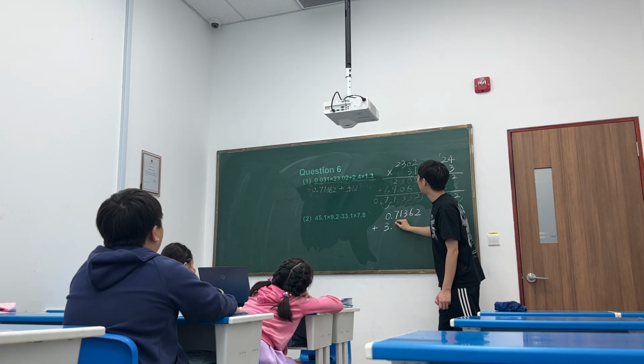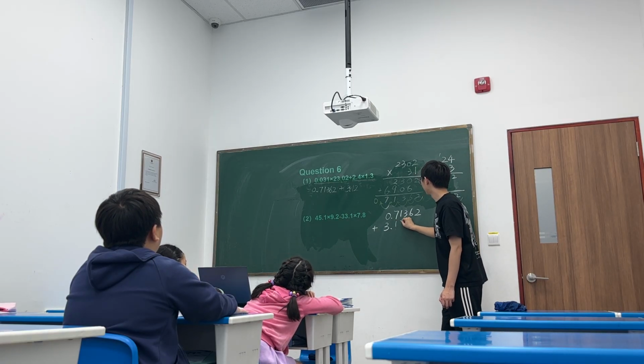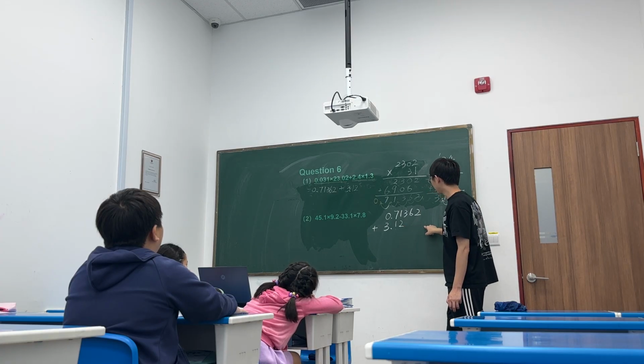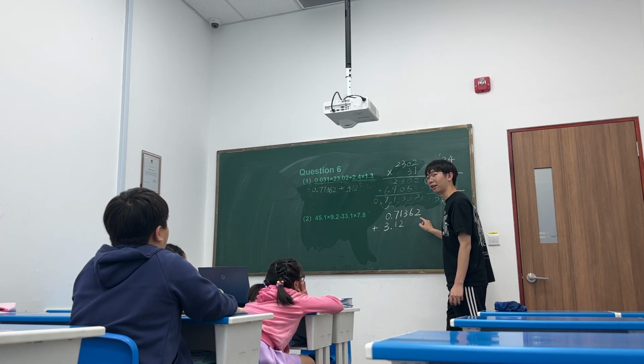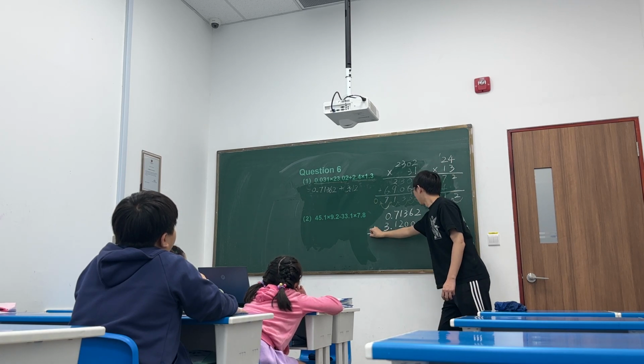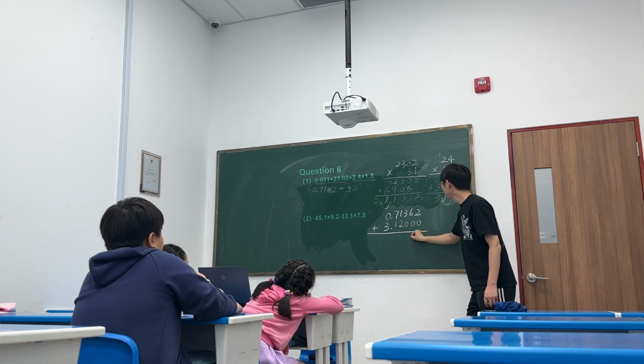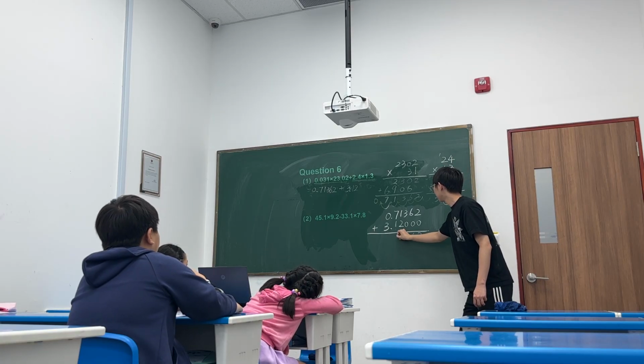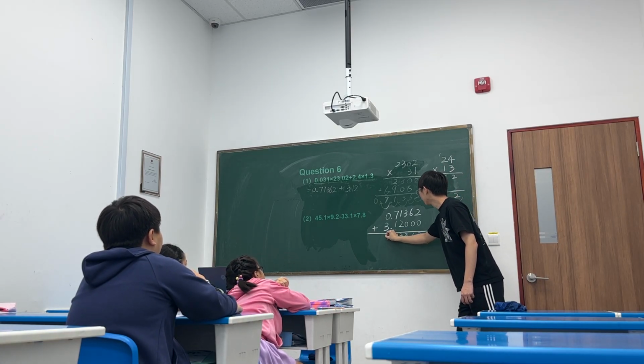So 3.12. Oh, but there are no more numbers here, what should we do? Yes, put a 0 at the back. Alright, let's add it together. 2, 6, 3, 3, 8.3.